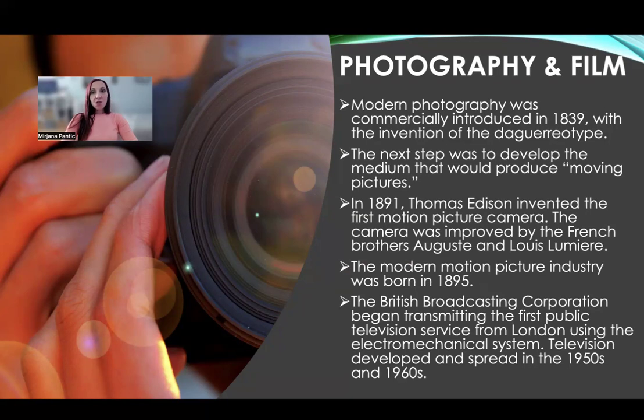After this invention, the next step was to develop the medium that would produce moving images. A few decades later, Thomas Edison invented the first motion picture camera, and the camera was then improved by the French brothers Auguste and Louis Lumiere.